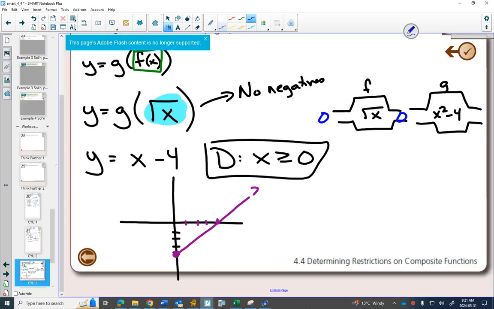That 0 goes into g, 0 squared, out would come a -4. Negative numbers are okay to come out of the end. It's just that the x values had to be positive, not the y values. So when you're talking about that -4 on the purple graph, the x value is fine, the y value -4 is fine.